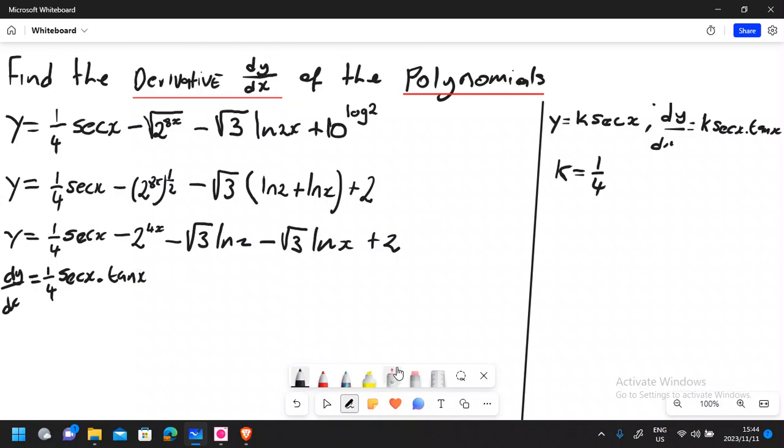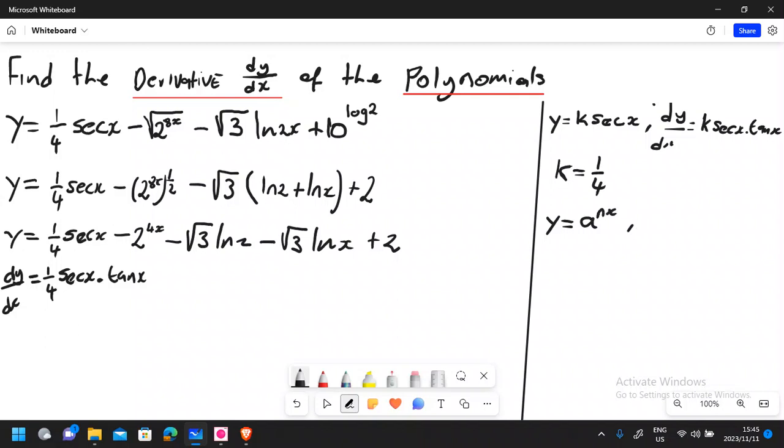Now what about the second term? Now we have negative 2 to the power of 4x. This, guys, is actually the exponent function. So we are deriving where x is the exponent. So we need to write the general formula for this one. So let's write it here. We know that if we have y, now we don't have k, so we can say a, and then we have n, the coefficient of x, and then we have that.